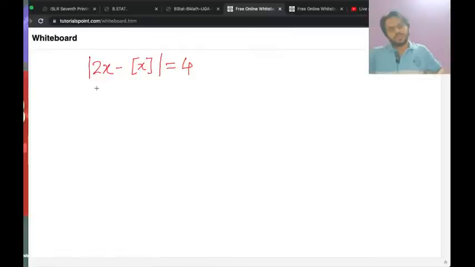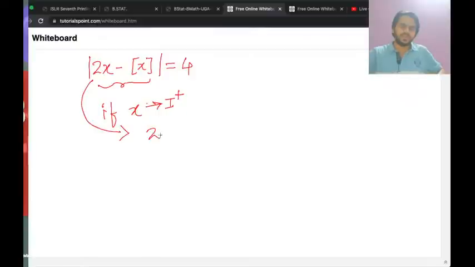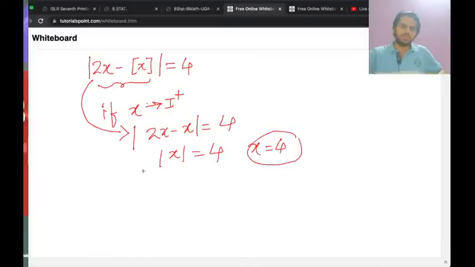So over here, what we can think is, if x is a positive integer, in that case this will change to mod of 2x minus x is equal to 4, or simply mod x is equal to 4, and as x is a positive integer, x is 4. So here we have one solution.